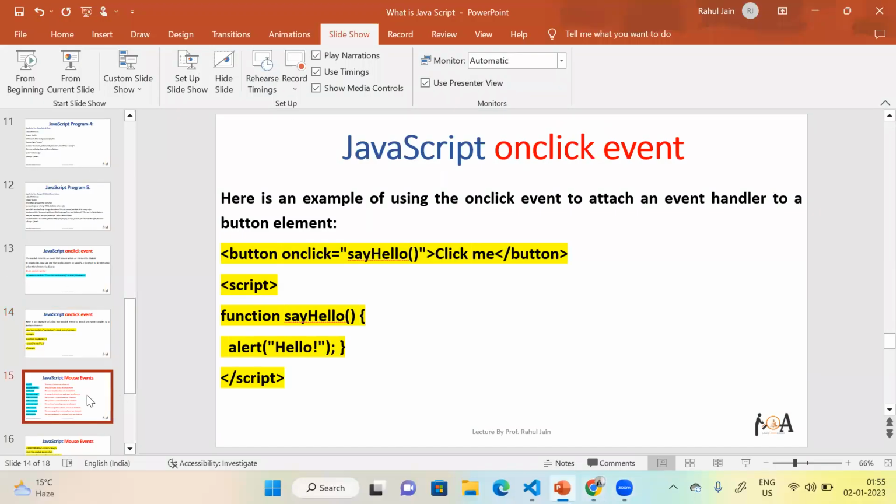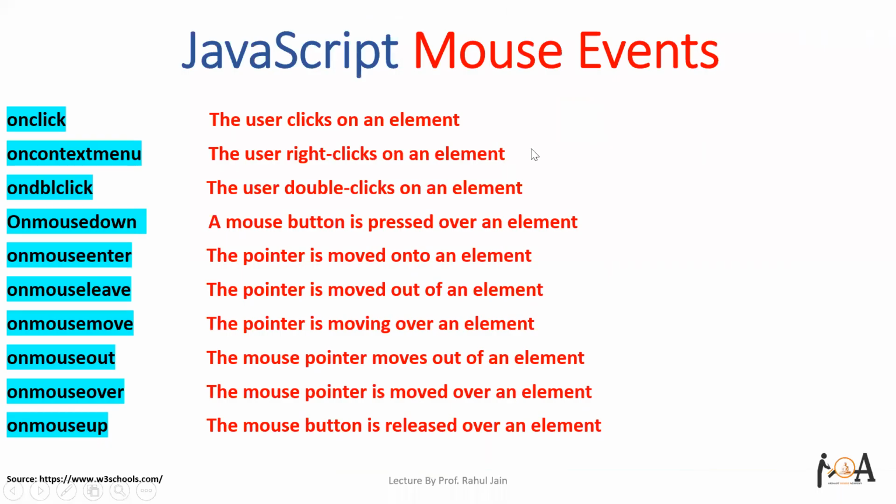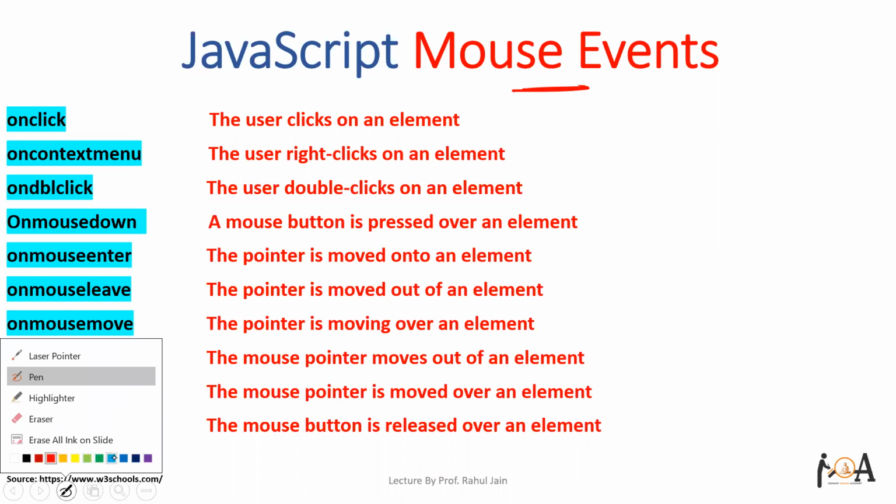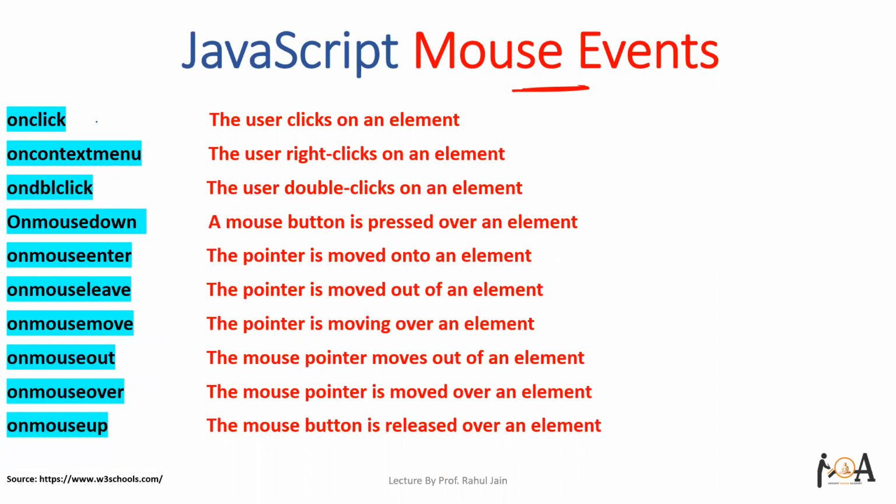Now the next part is some mouse events. If we are using onclick, the user can click on that, but let's say we are working on a button element and we are using the onclick event.